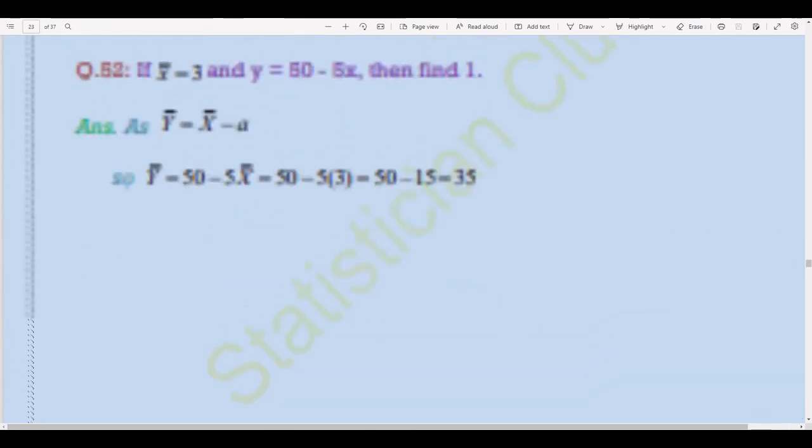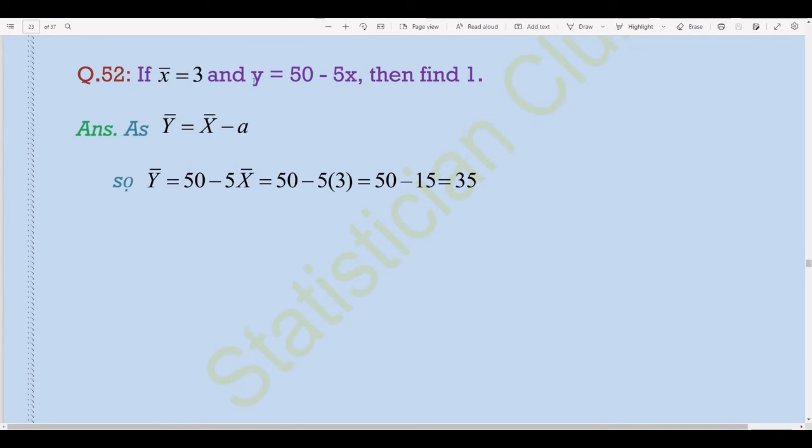Here you want to calculate y bar. So first of all, convert these values into mean. Y bar is equal to 50 minus 5x bar. How can we convert? Again the procedure. Suppose this is the equation. Where a variable shows, you apply the summation sign. So this equation becomes sum of y is equal to 50 minus 5 sum of x.